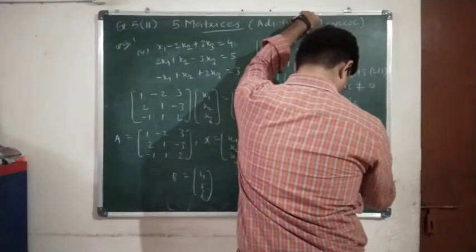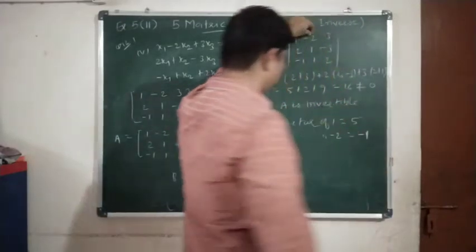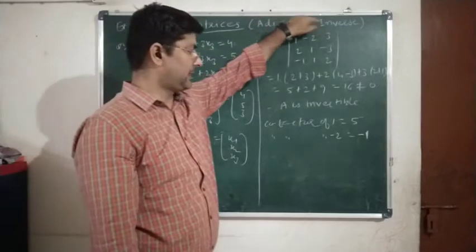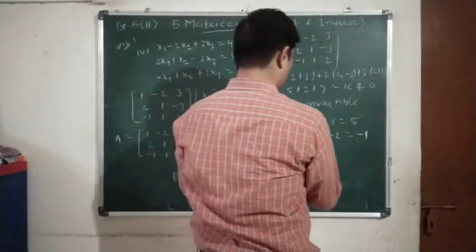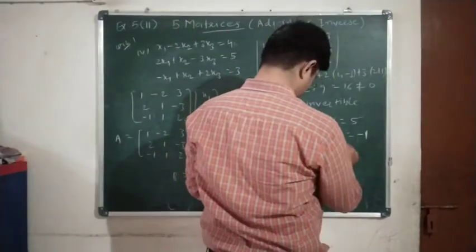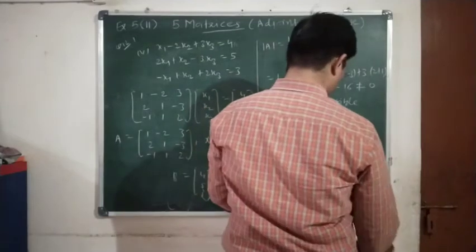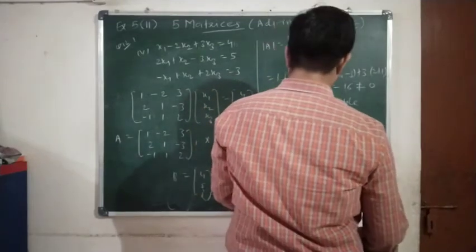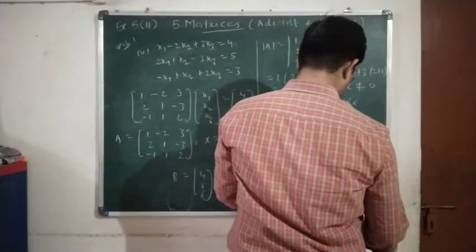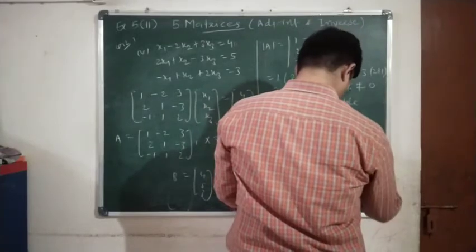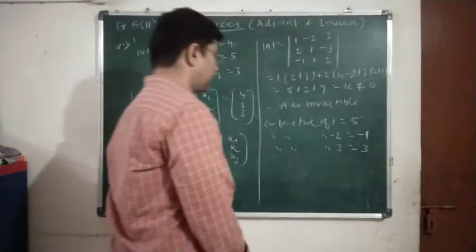Cofactor of minus 2 will be minus 1, because we have to consider the sign convention, plus minus plus. Cofactor of 3: 2 1s are 2 plus 1, that is 3 only, plus 3.